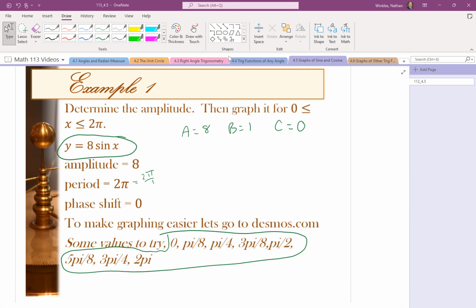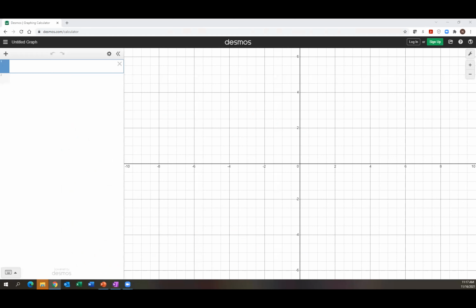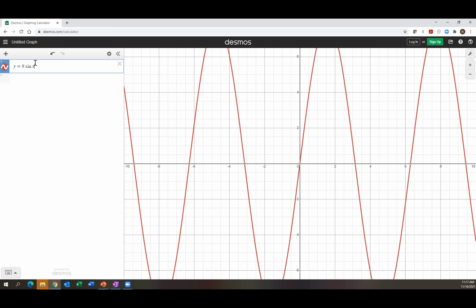What I'll do is switch and share. All I did was go to Desmos. Now I'm going to type in my function here, which was y equals 8 sine x. And notice that's what we're looking for.